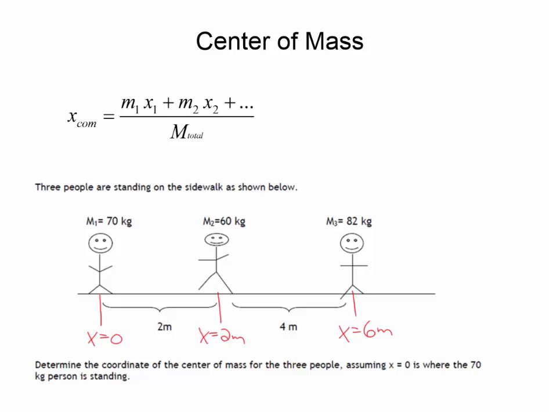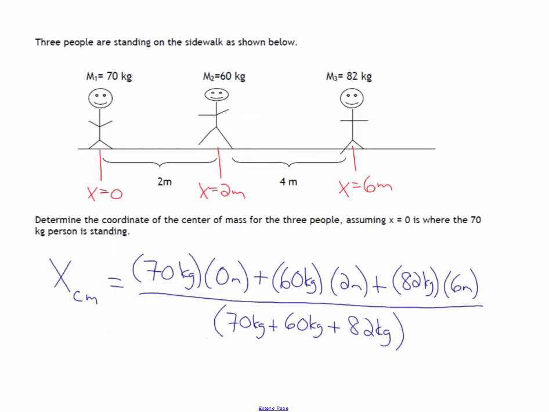And we're just going to use the equation given to calculate the center of mass. It's going to be m1 x1 plus m2 x2 plus m3 x3 divided by the total mass. So putting in those values, we have 70 kilograms times 0 meters plus 60 kilograms times its position 2 meters plus 82 kilograms times its position of 6 meters divided by the total mass, 70 kilograms plus 60 kilograms plus 82 kilograms.